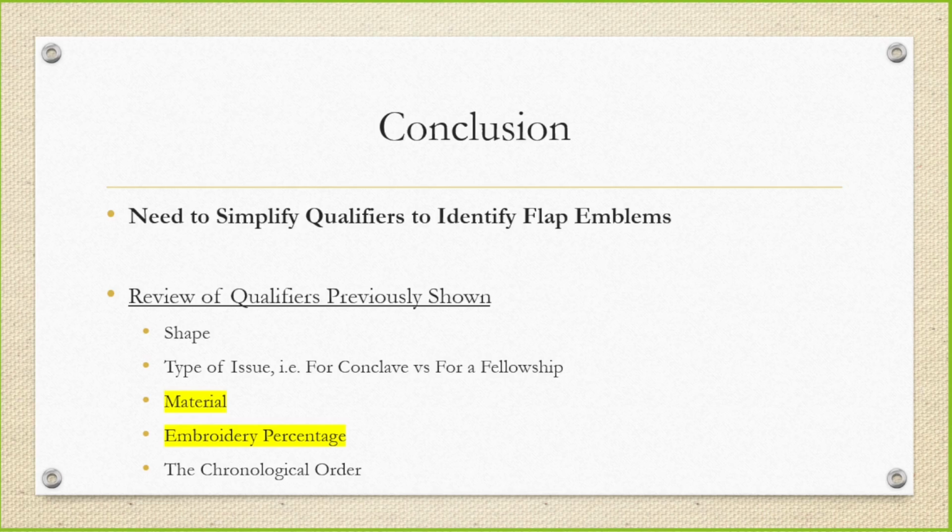And so I think it'd be a lot easier to just put them all together, at least under an F and S. Personally, I would lean towards combining all flap shaped patches and just put them in chronological order, so you have the first one up to the current one.